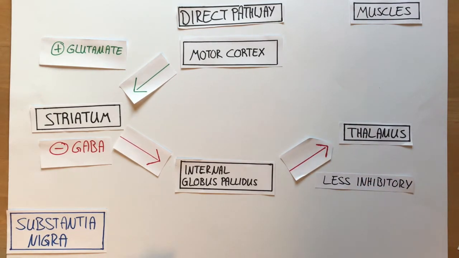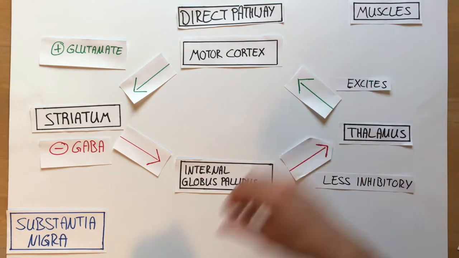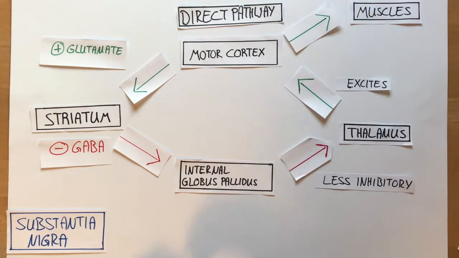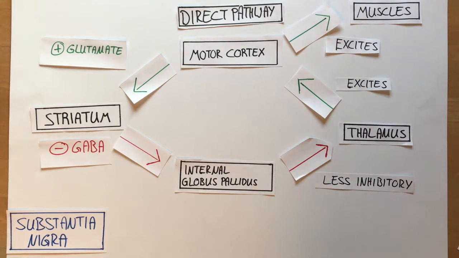But just imagine the internal globus pallidus, which is responsible for the inhibition, is now itself inhibited. That means it acts less inhibitory on the thalamus. So the thalamic neurons can excite the motor cortex. And the motor cortex can then send excitatory information to the muscles.